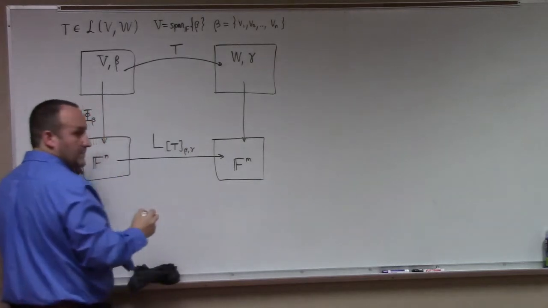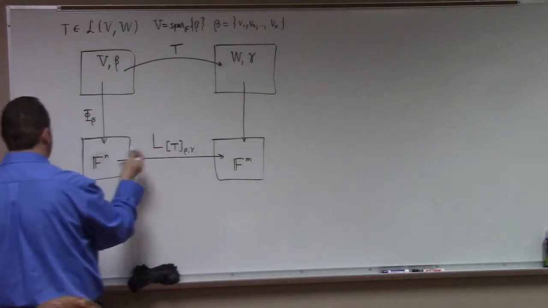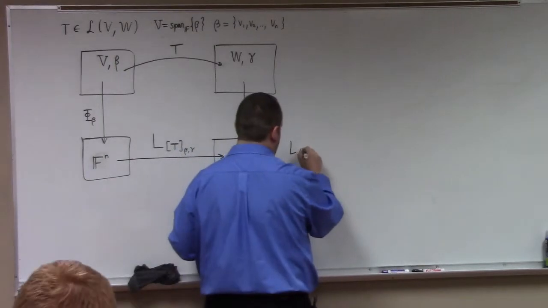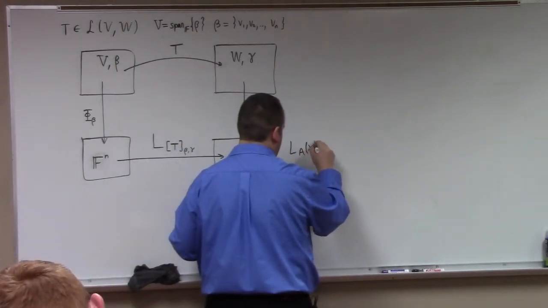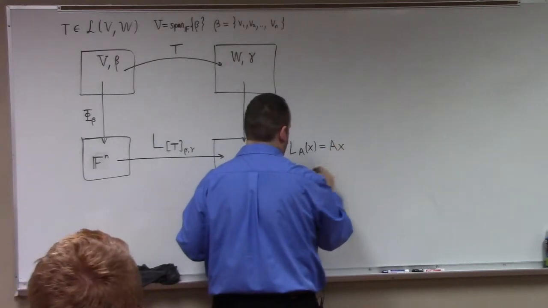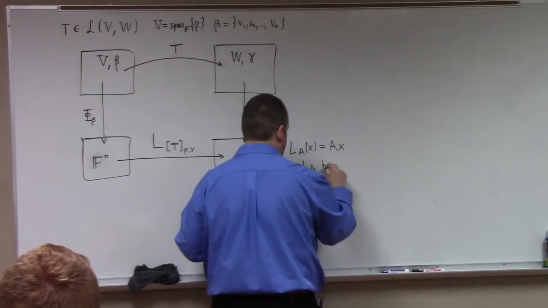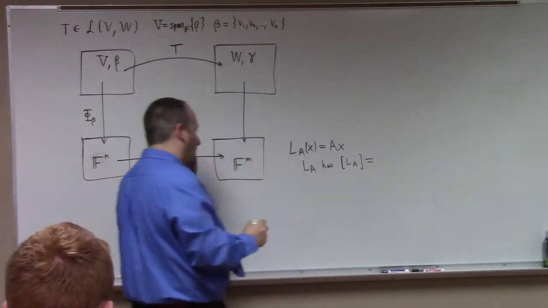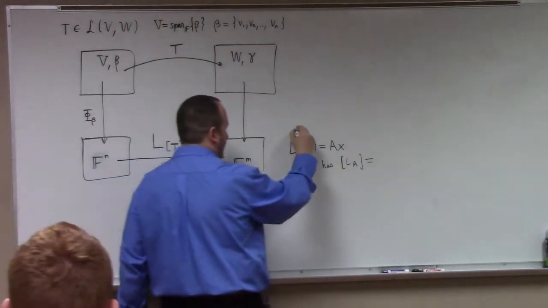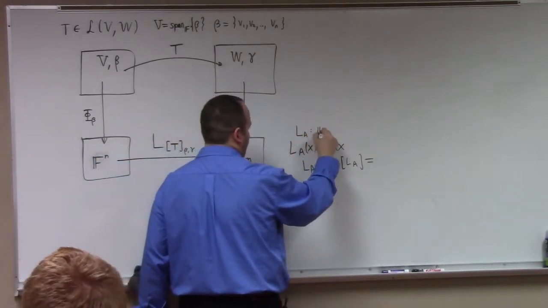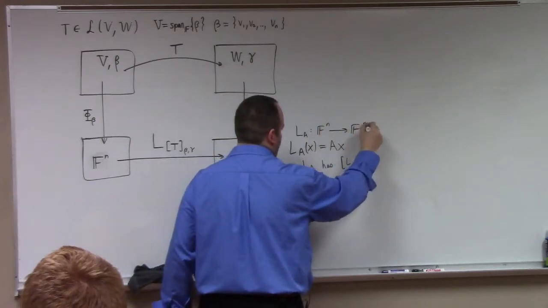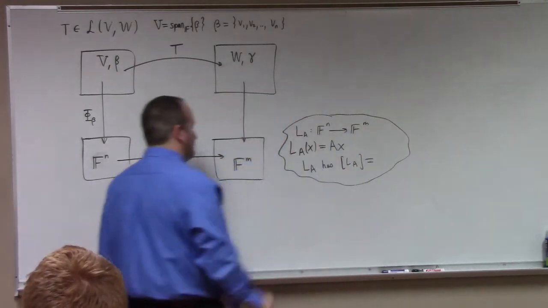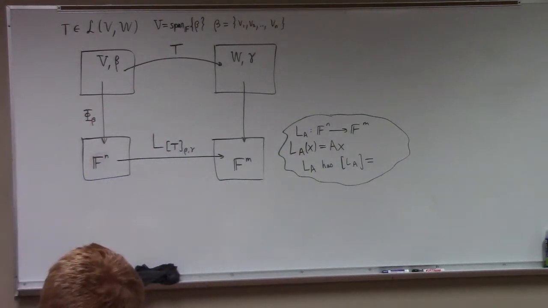So the notation is L sub A of x is just equal to Ax, as usual. When I say L sub A, I'm just talking about multiplication on the left by matrix A. It's the left multiplication by A map.